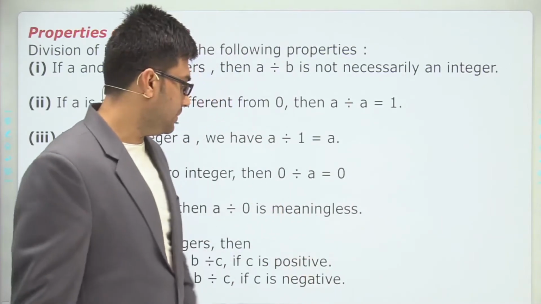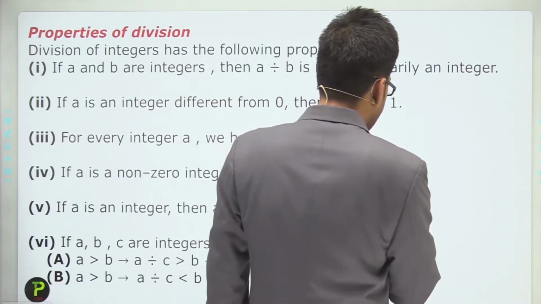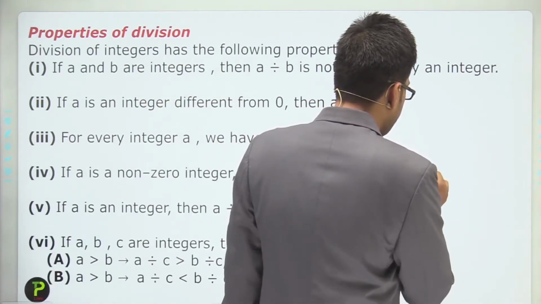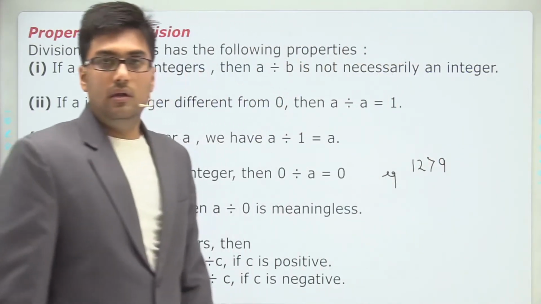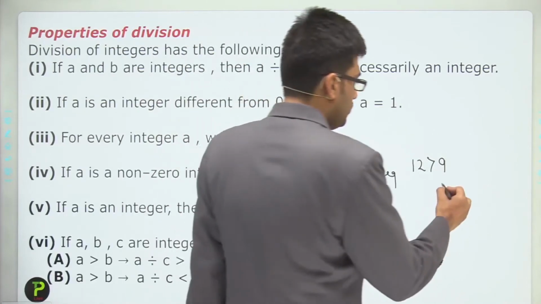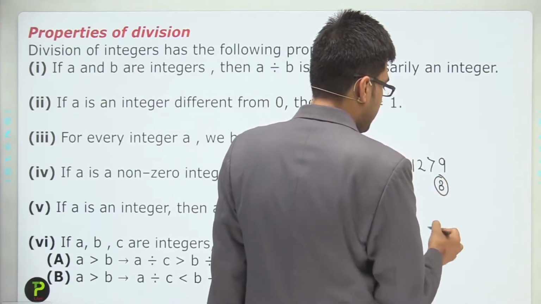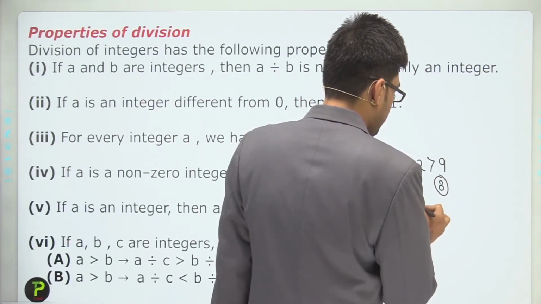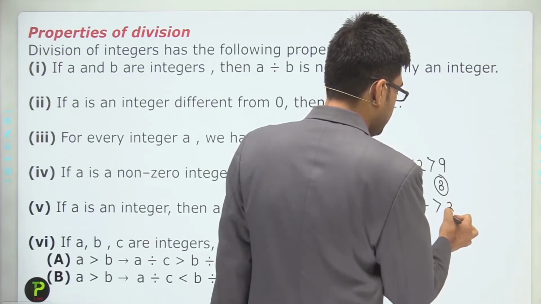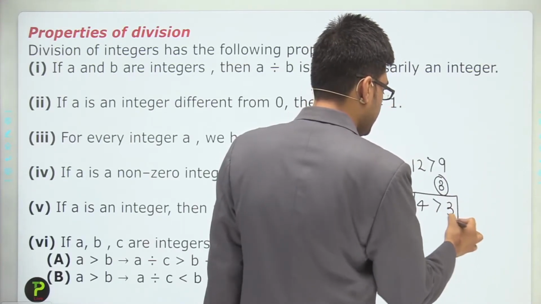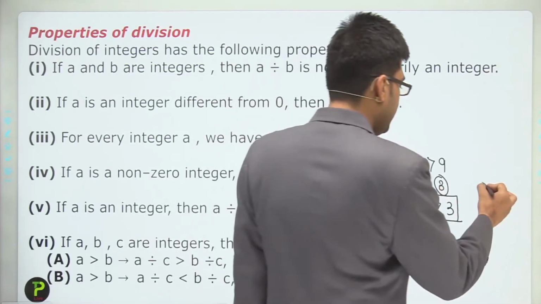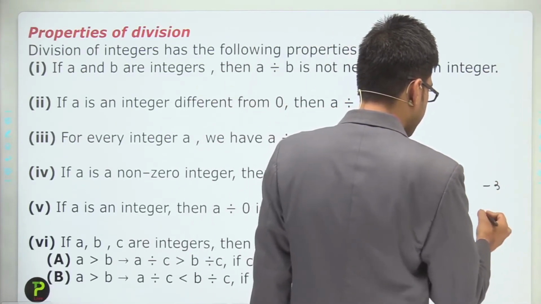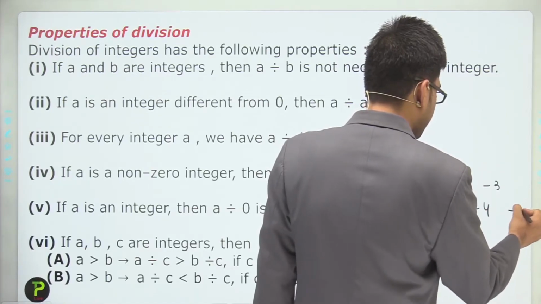We can understand this property with an example. It is given that 12 is greater than 9. If we divide these two integers by 3, we get 4 and 3. 4 is greater than 3. It is true. If we divide these two integers by -3, we get -4 and -3.